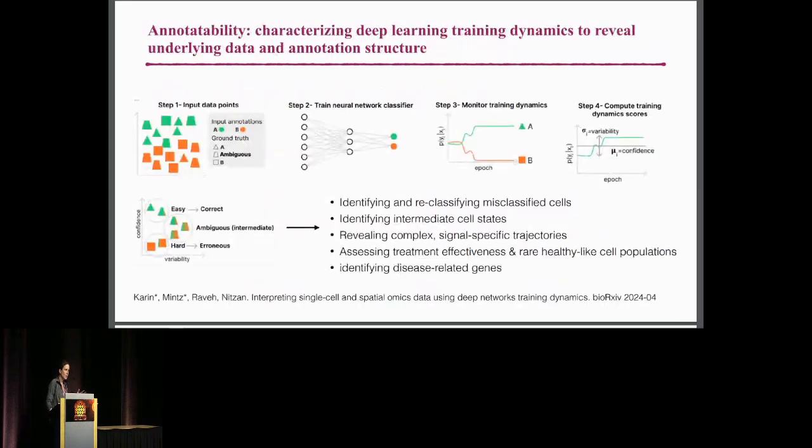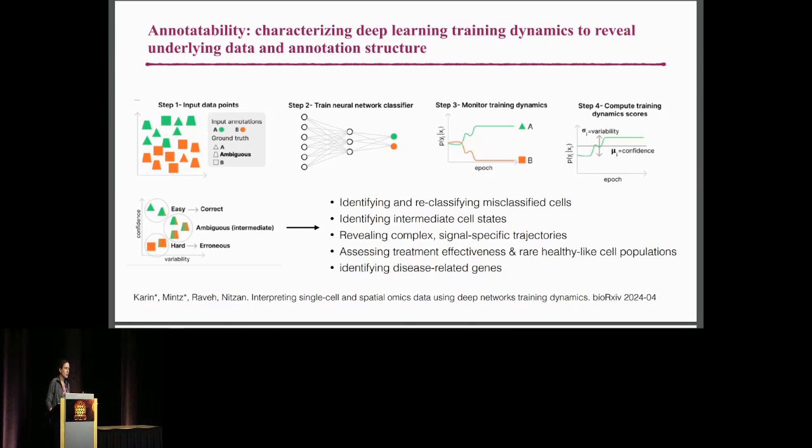Okay, so all of this can be formalized, and this paper is currently in the bioRxiv. We termed our approach annotatability. Using this very simple idea, we can do a lot, like identifying and reclassifying misclassified cells in single-cell RNA sequencing data, and also spatial transcriptomics.